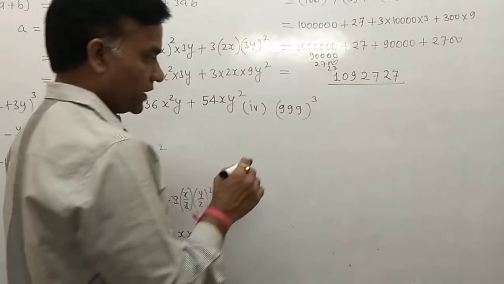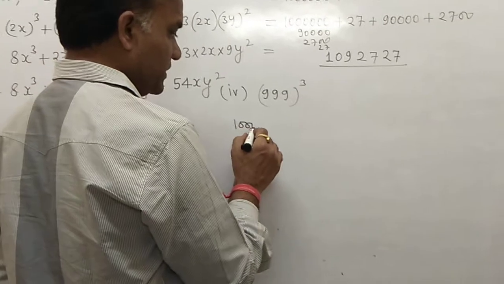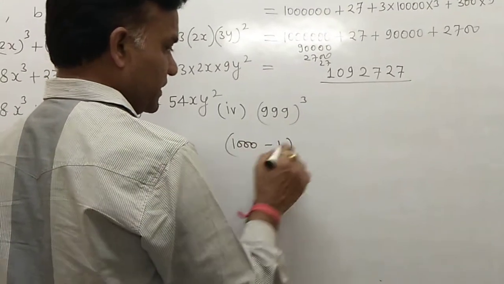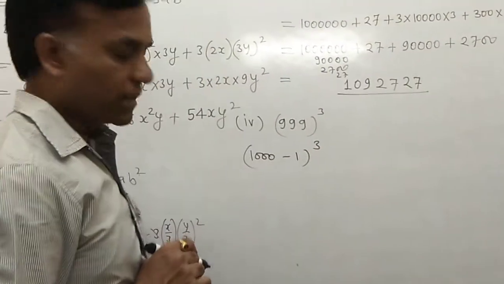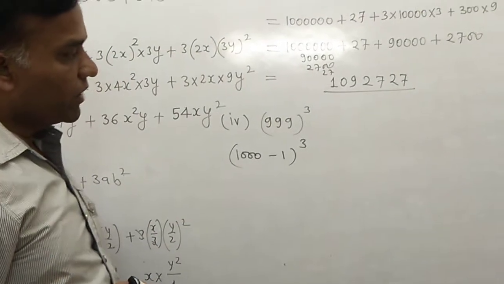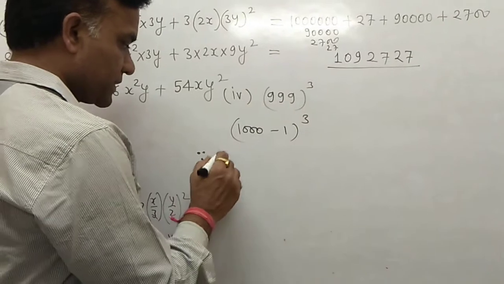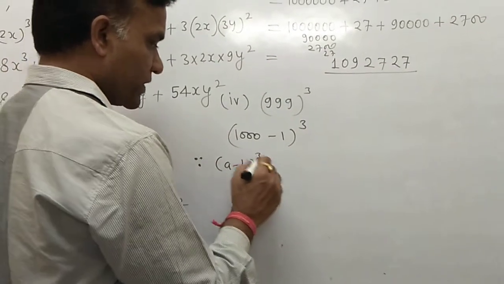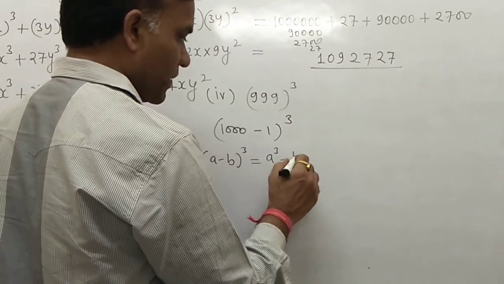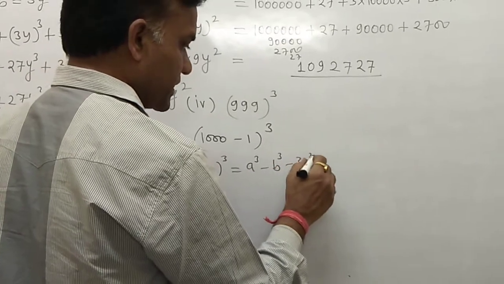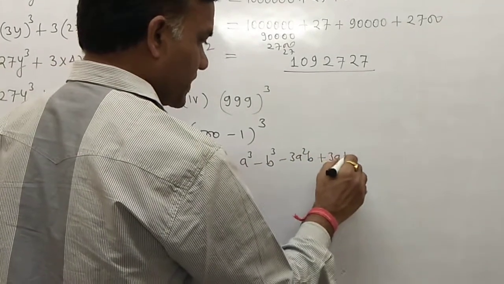So first you write down 1000 and then the next term is 1. So 1000 minus 1, now you can convert into binomial form and use the identity (a minus b) whole cube, which is a cube minus b cube minus 3a square b plus 3ab square.